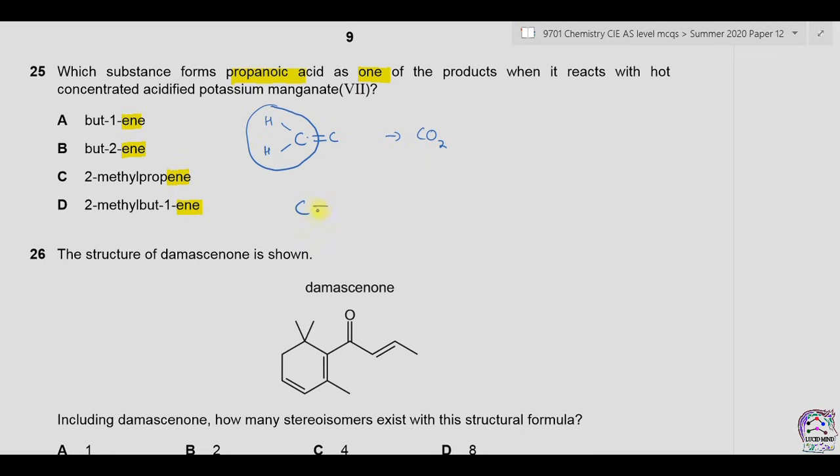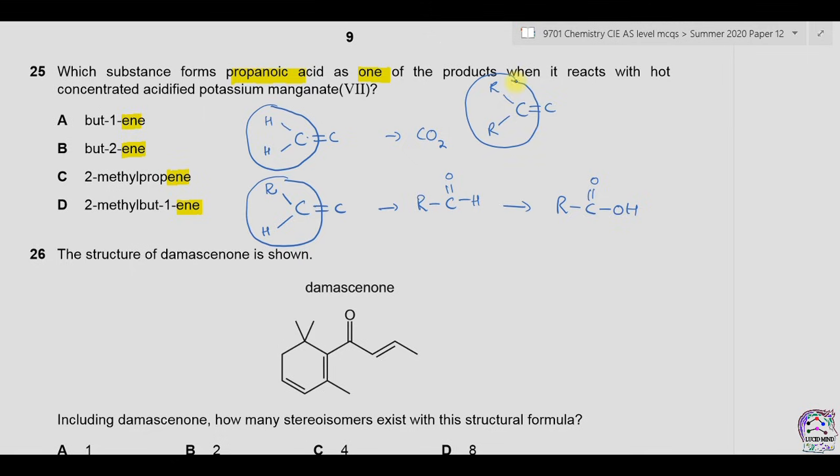If the double bonded carbon in the alkene is attached to one alkyl group and one hydrogen atom, then this will convert into aldehyde first and then be further oxidized into carboxylic acid. If the double bonded carbon is directly attached to 2 alkyl groups, then this carbon converts into ketone and ketone is not further oxidized. So RC=O, R is formed.